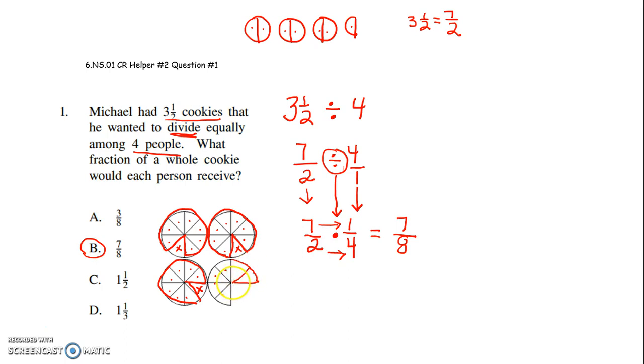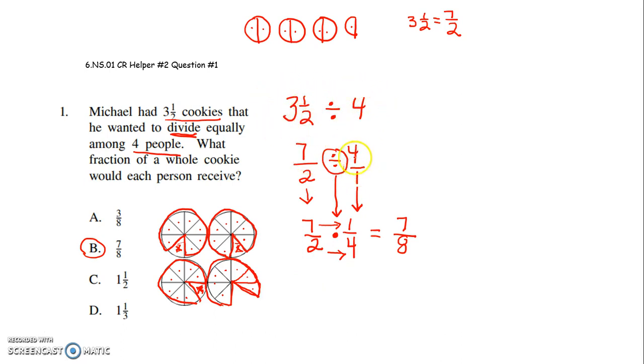But regardless, if we took these 3 extra eighths, that's how you get the fourth grouping of 7/8.